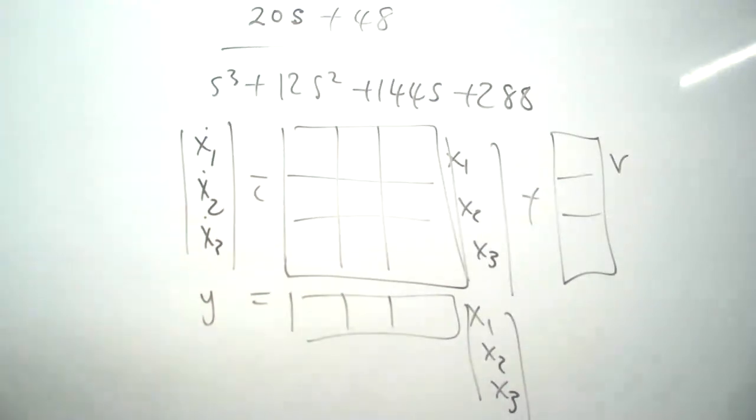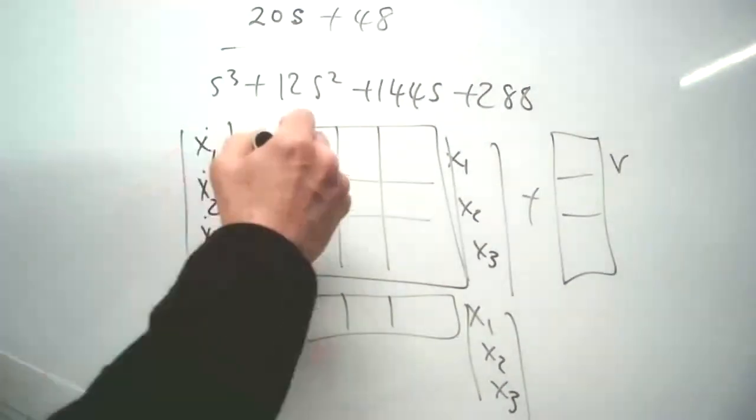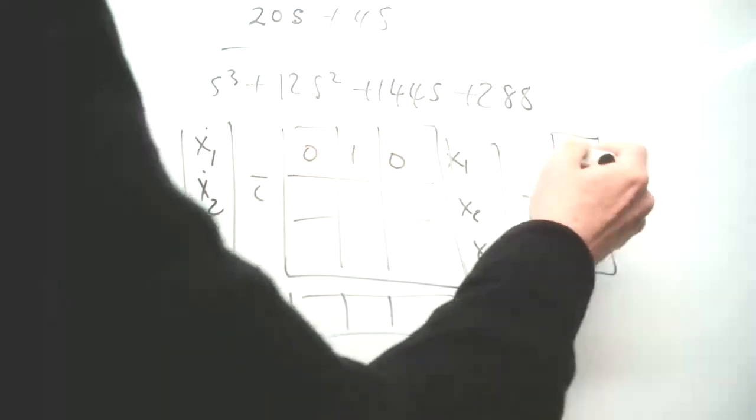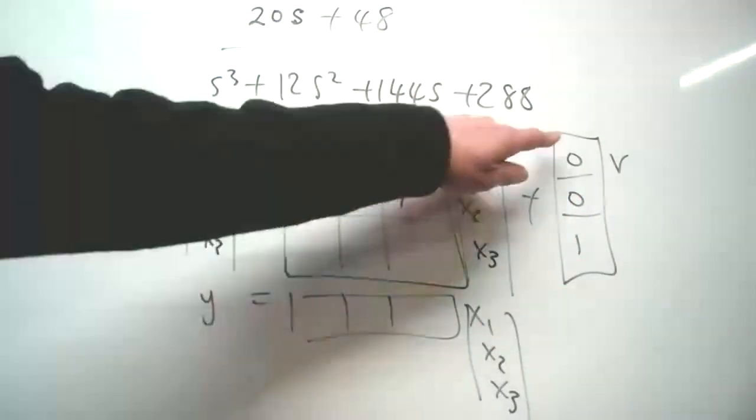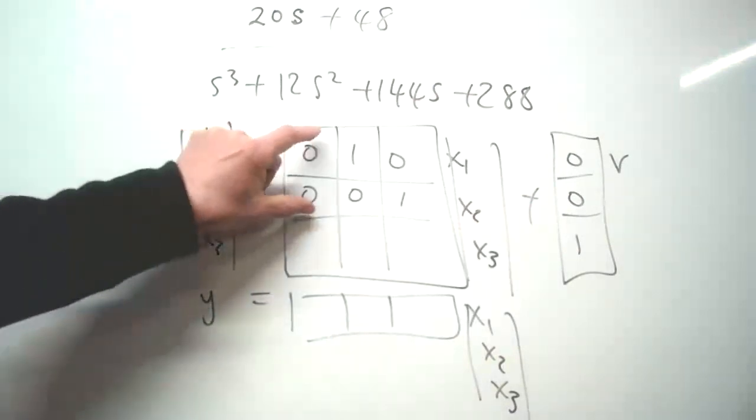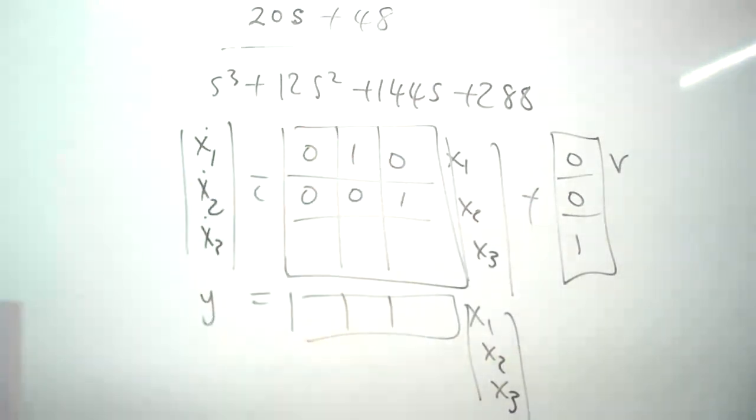So it's a 3 by 3, and now we just fill it up. So we put in a 0, 1, 0, 0, 0, 1, and so on. So fill up noughts with a 1 at the bottom. This fills up with noughts but 1 off the main diagonal.